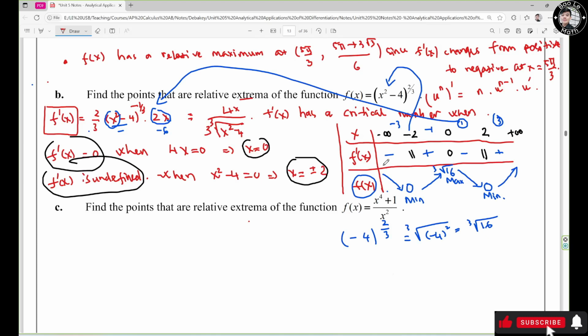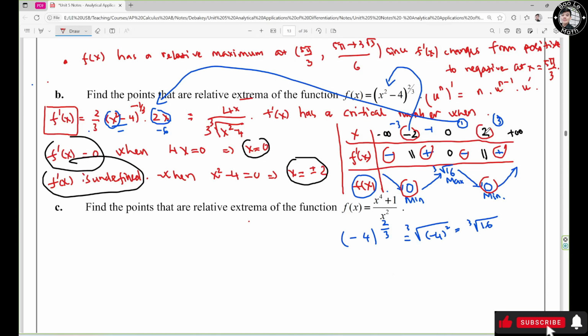Alright, now you can give a conclusion easily, right? Based on the diagram right here, you can say that f of s has a relative minimum of 0 at s equals negative 2 and 2, right? Because f prime of s changes sign from negative to positive at s equals negative 2 and 2.